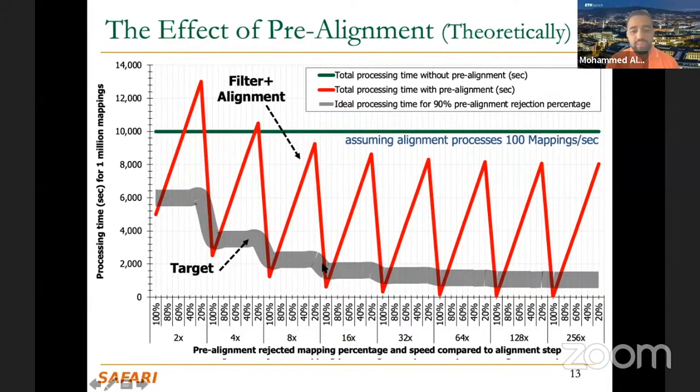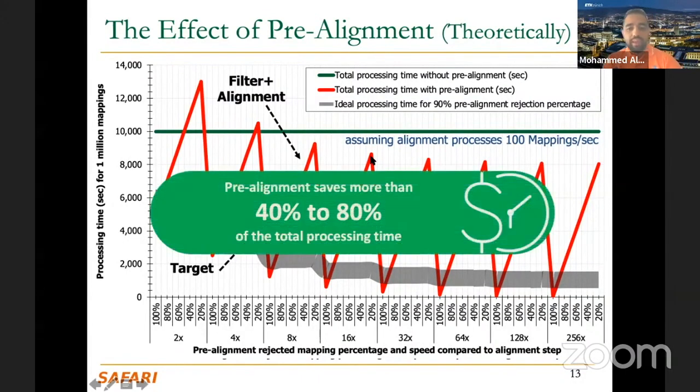That's why this gray area, the shade over here, is not touching 100%, because this is really the ideal, very optimistic case. But we aim to have something like 90% or so, something around that. Hopefully by that, I give you a clear idea of the benefits of pre-alignment filtering.